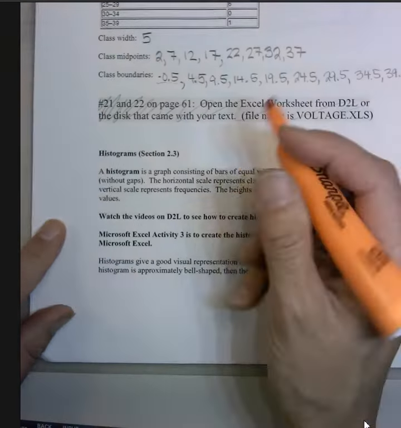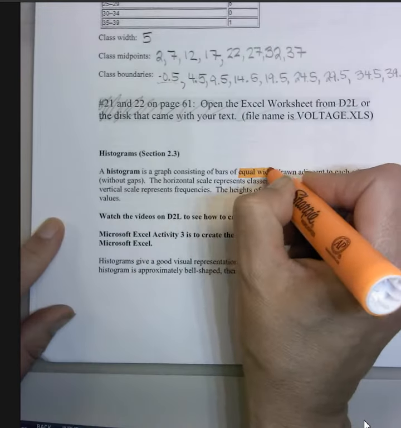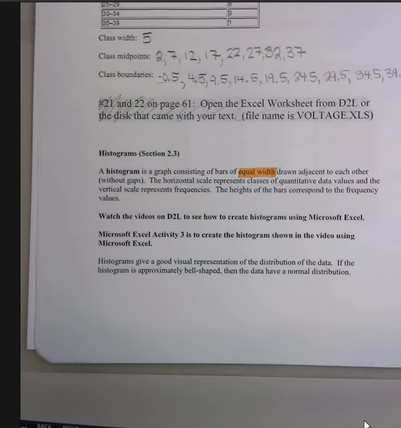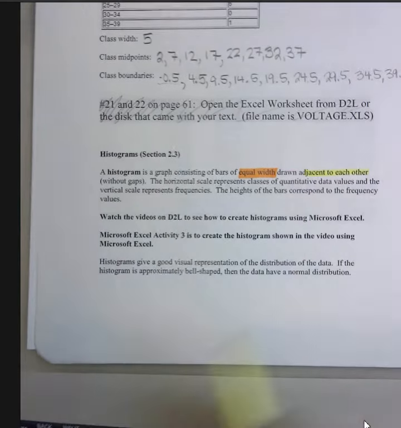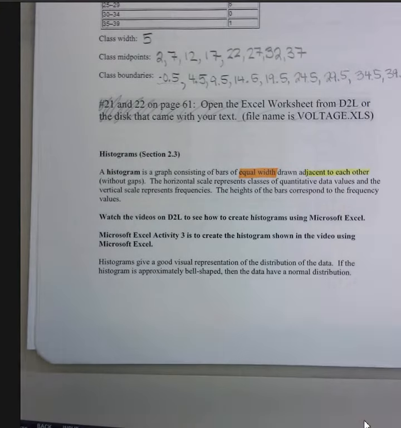But later, we'll see some graphs where they don't necessarily have equal width. Then it's just like a bar graph, not a histogram. And then the other important criterion is that they're adjacent to each other, which means there are no gaps between the bars.